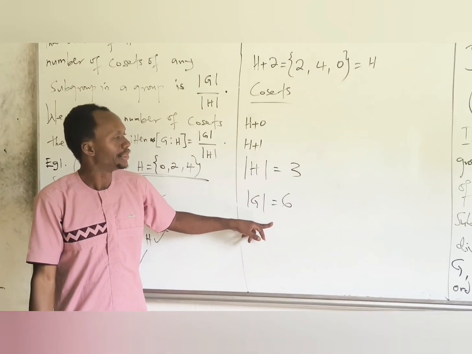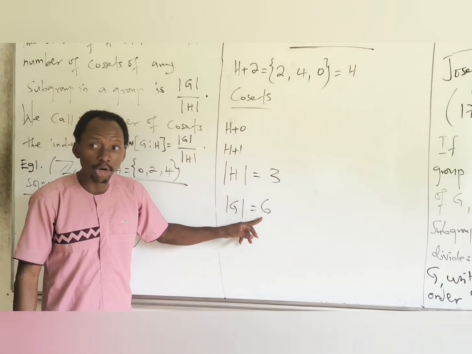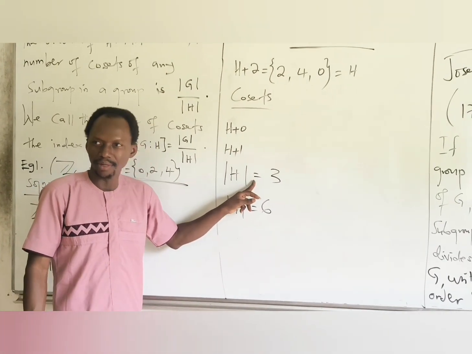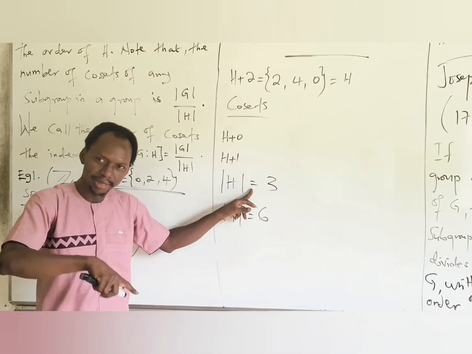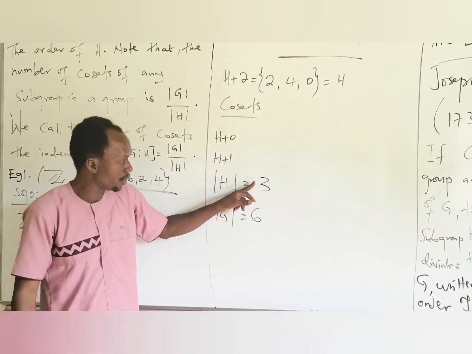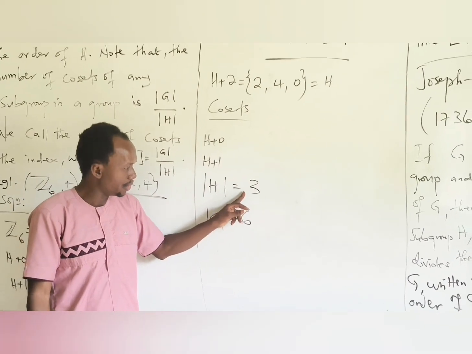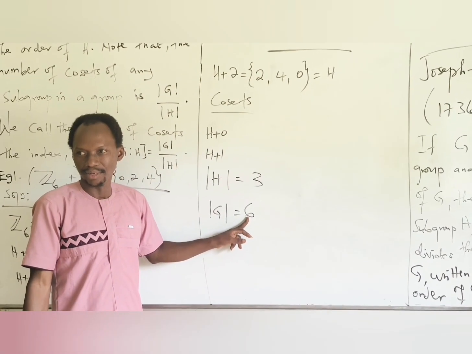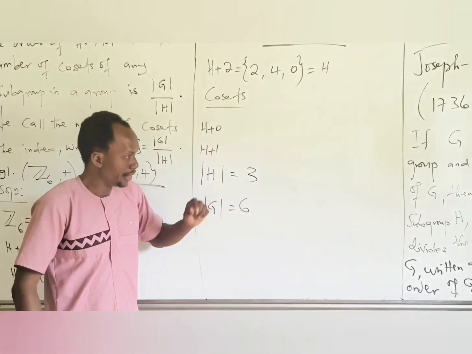Or it is the same thing as saying the order of the main group is a multiple of the order of the subgroup. If this divides it, it means the other one is a multiple. So when I multiply this by something, I must get this. You multiply 3 by 2, you get 6. So we have satisfied the condition for Lagrange.